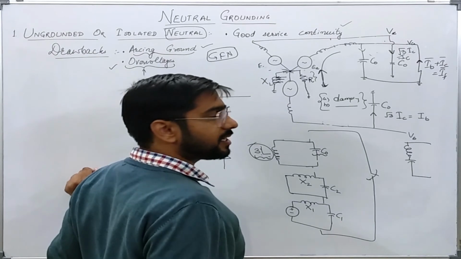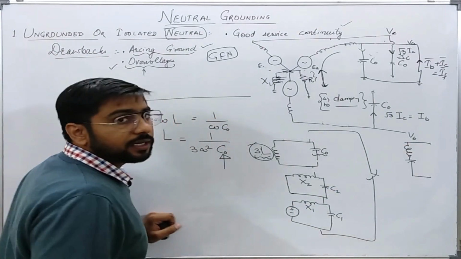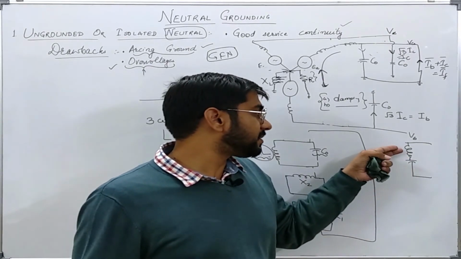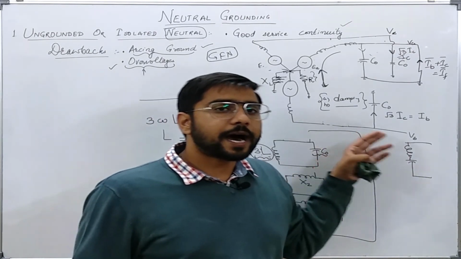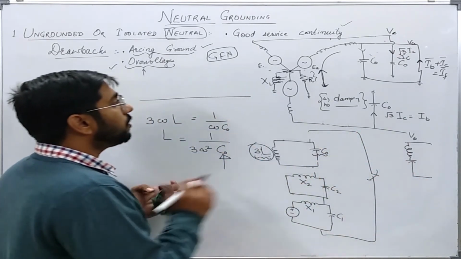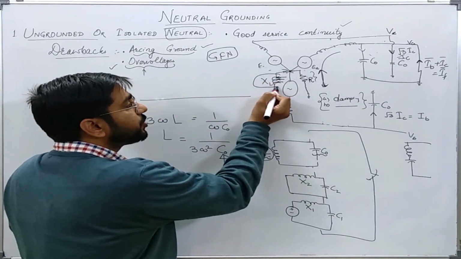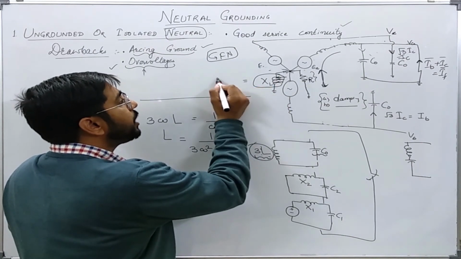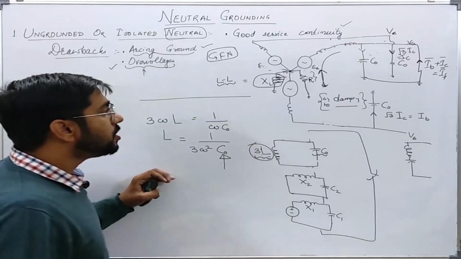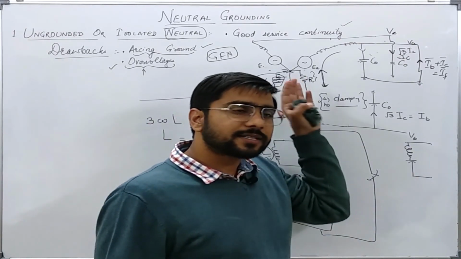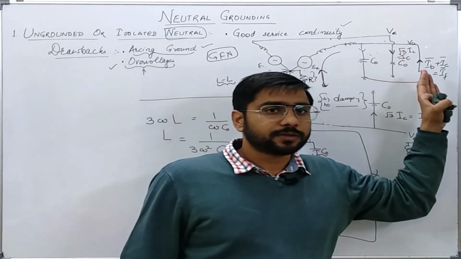During series resonance, the voltage across the capacitance or the inductive reactance can reach a very high value. So we need to design this reactor's insulation to be at least equal to the line to line voltage of the system.